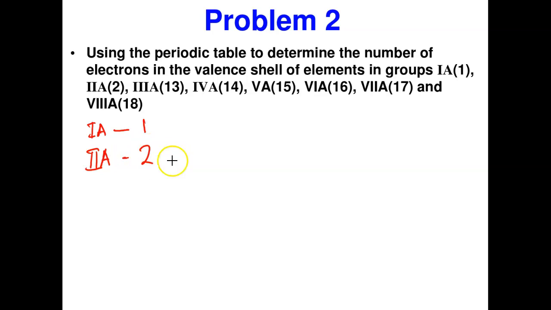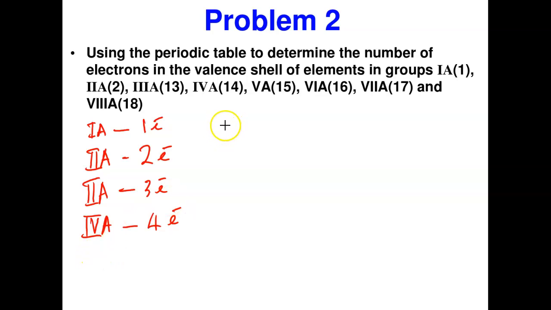It's important for us to know this. Group 3A, we have 3 electrons in the outermost shell. Group 4A, we have 4 electrons.